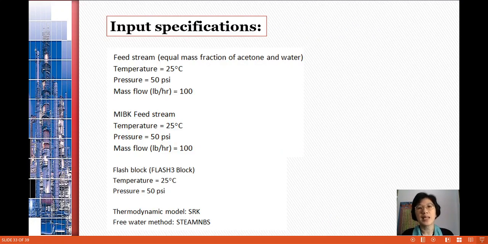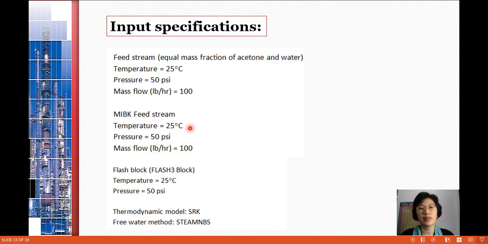So the input specification for the feed stream as well as for the unit operation. The important unit operation here is the flash drum. The feed stream consists of 58% water and acetone respectively, with a temperature of 25 degrees C and pressure of 50 psi, and the mass flow rate is 100 pounds per hour. We have another feed stream here.